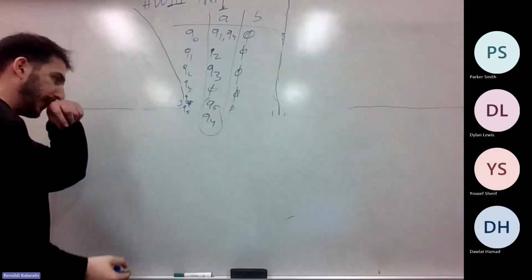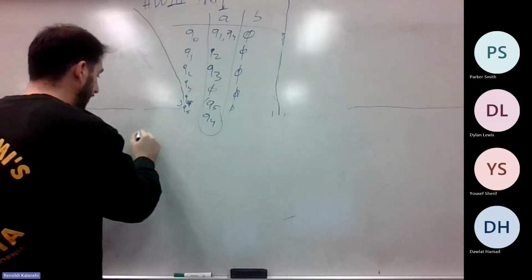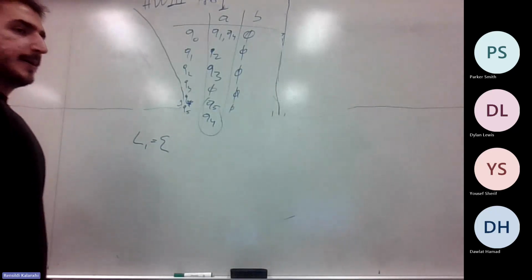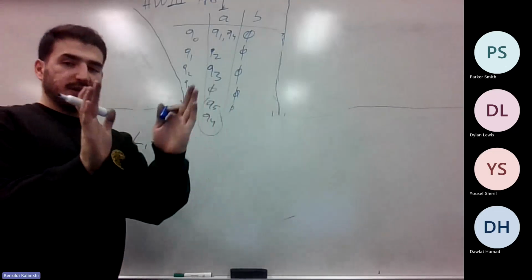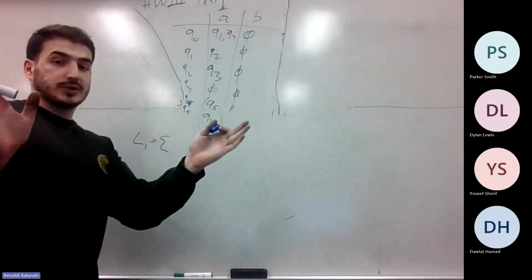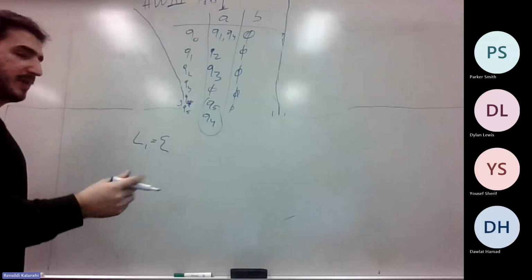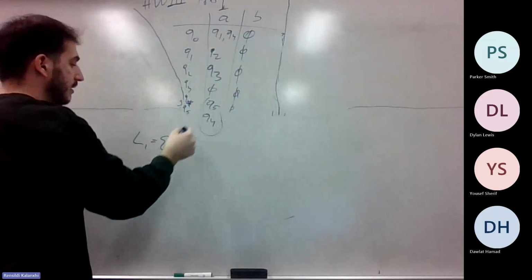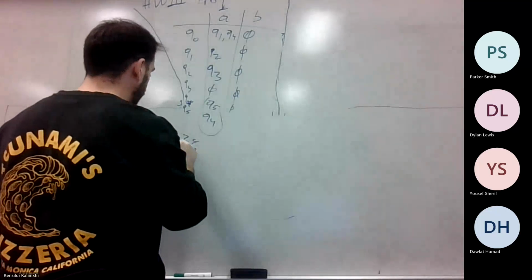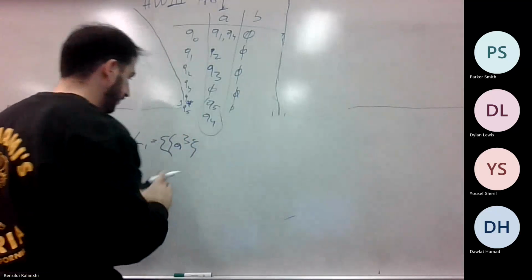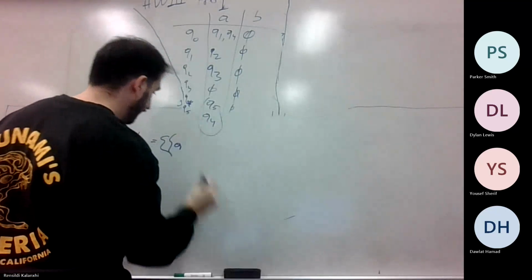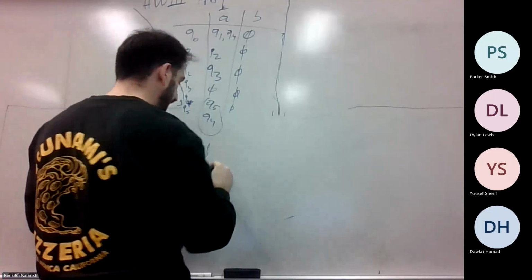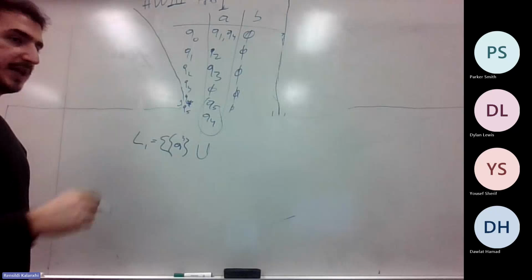So how can we build this language L1? Since Q0 gives two different choices, we can make a union out of it. The first one is AAA, so it's A3. Union, let's see what the next one is.